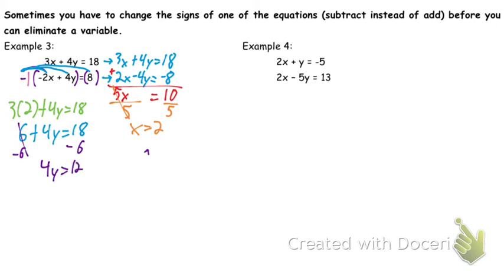Now we have 4 times y, so we can divide that. And y is 3. So how do we write our answer? 2, 3, x, y.